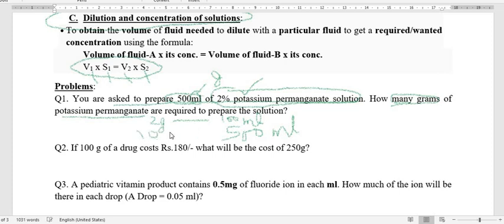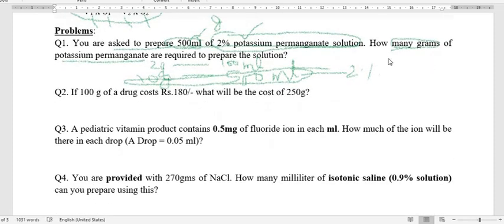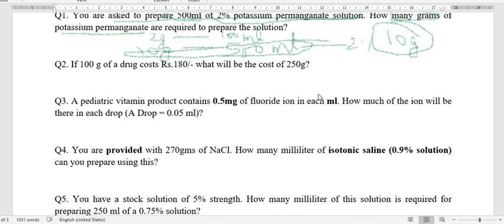So you dissolve 10 gram of potassium permanganate in a final volume of 500 ml, and this is the 2% solution. The answer is 10 gram of potassium permanganate is required. So one question we have already solved.